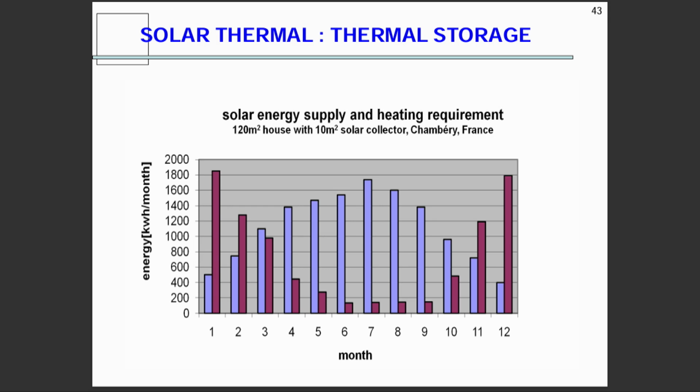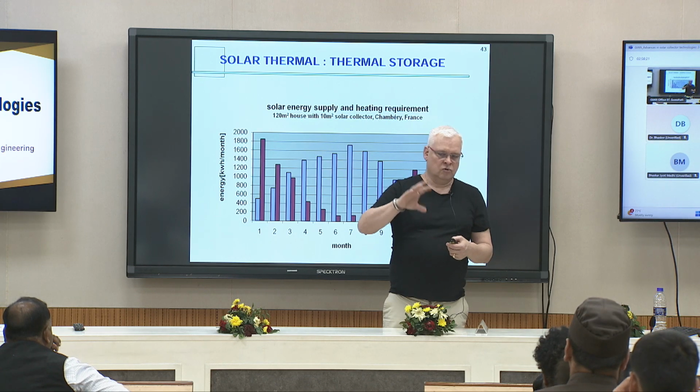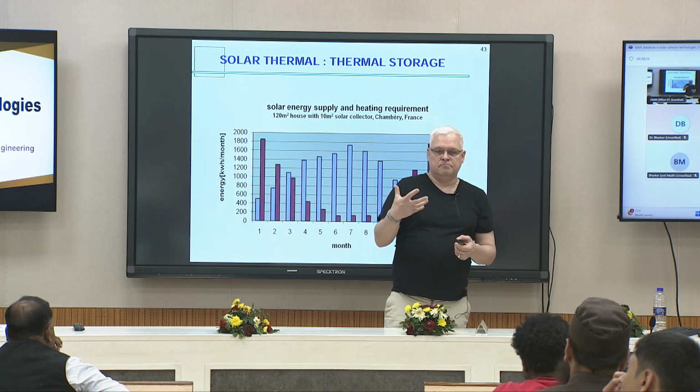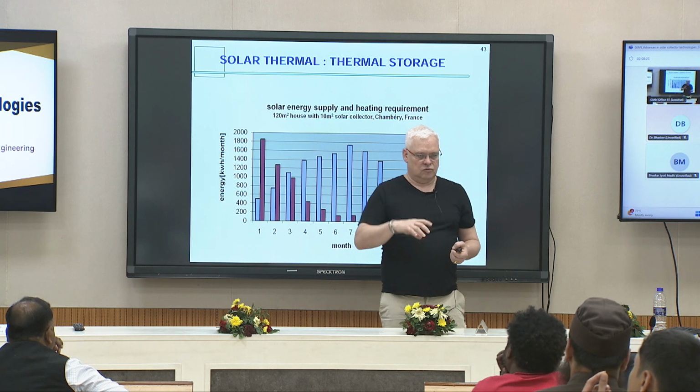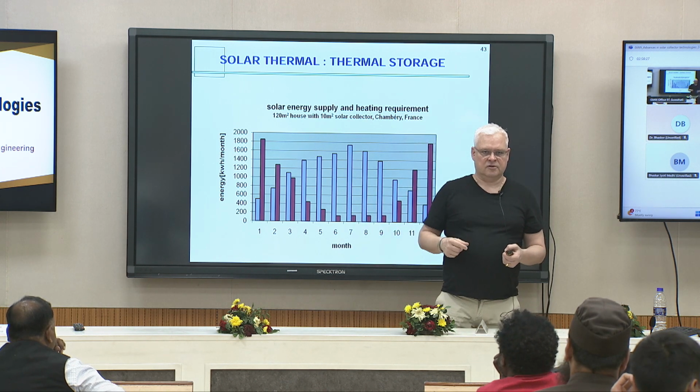For cooling, as I said previously, generally you need to cool when there is sun. So it's not a real problem. The main problem is to maintain stability of the process. And to maintain stability, you need a bit of thermal storage to have a buffer effect if there is sun variation.